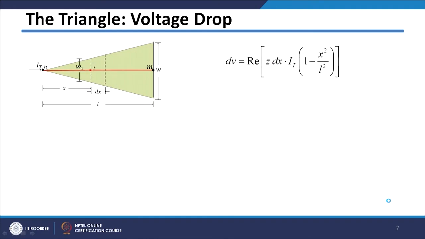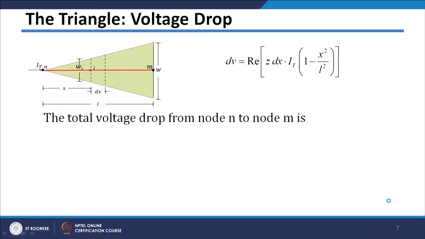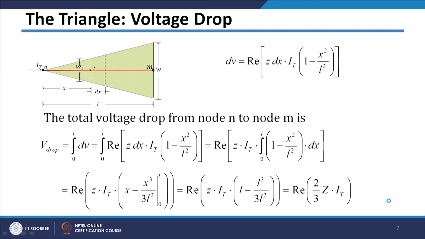To get the total voltage drop across the feeder, or till the end of the feeder, we need to integrate this dV from 0 to L. So, the total voltage drop across the feeder will be the integration of this dV from 0 to L. The equation of dV we obtained here, I can put into this expression, and I will get this equation here.